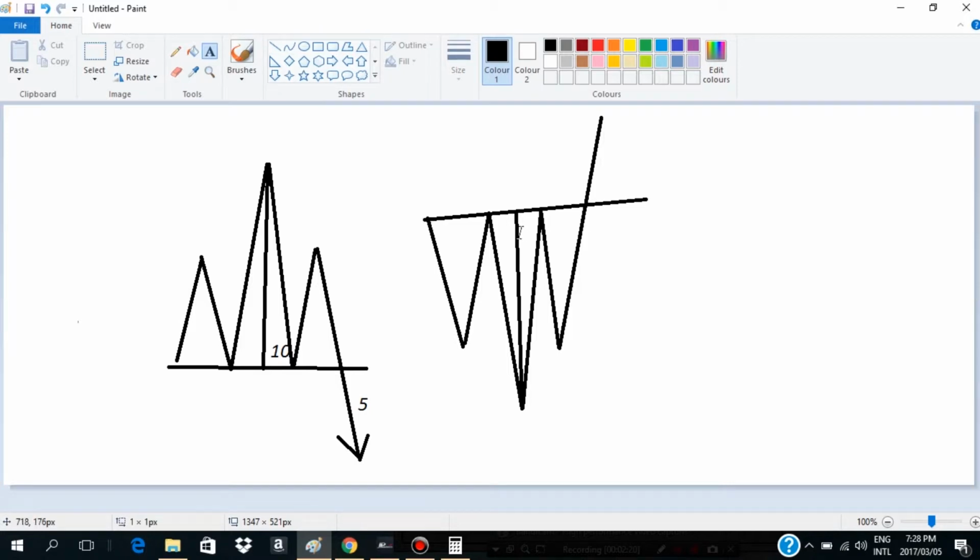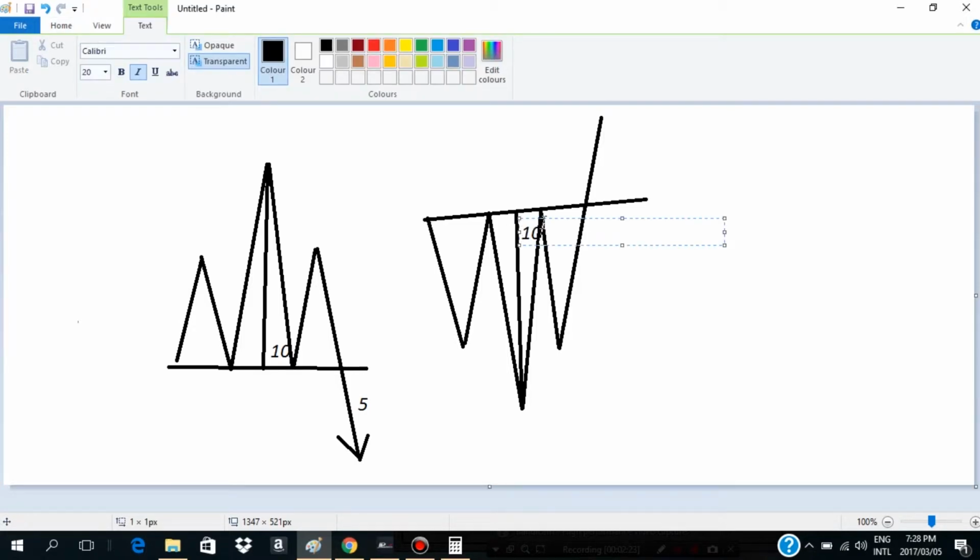That is how much you were promised. So if that is 10 points from the center head to the neckline, then you should get 10 here, but once again, we're only going to aim for 5.